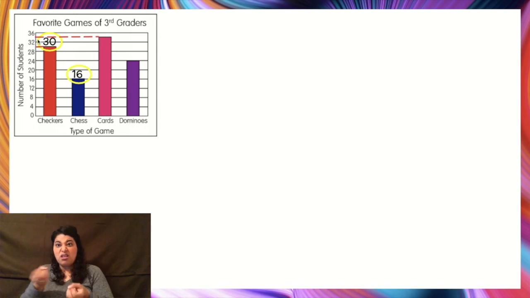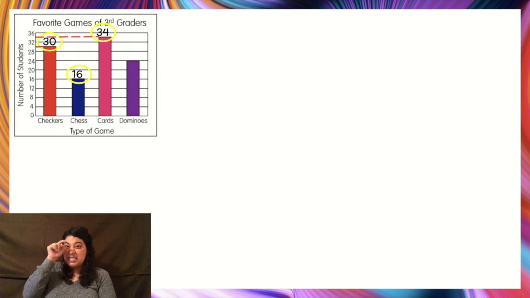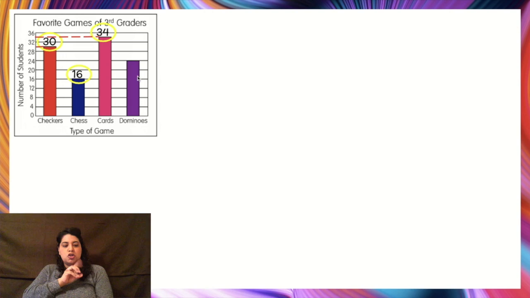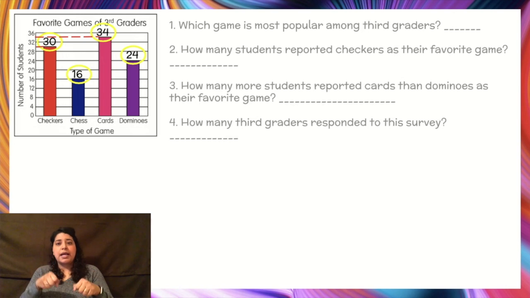So 32. Okay, I know there's 4 in between each. That's half. So that means that this one is 34. Now over to dominoes. I'm going to travel all the way up my bar. Okay, lands perfectly on a line, and it's 24. So I'm going to label it with 24. All right, now that our bar graph is labeled, we can go ahead and start our questions.